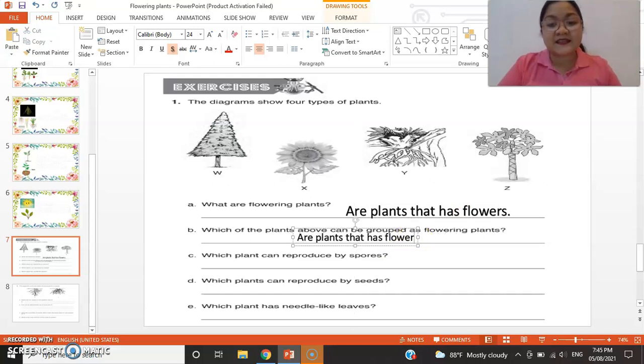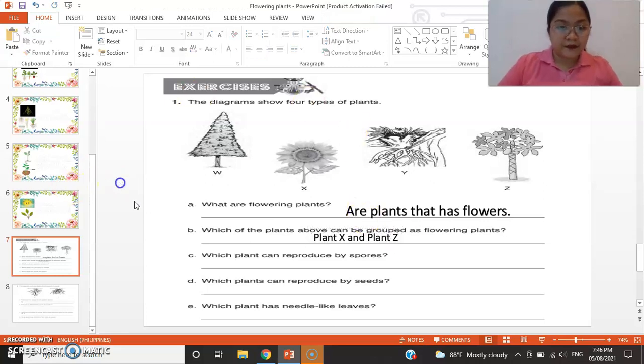Plants that have flowers. What is your answer? All right, very good. Plant X and plant Z.